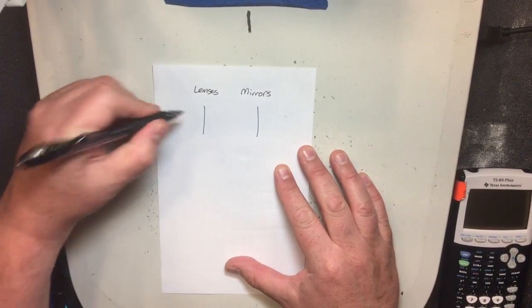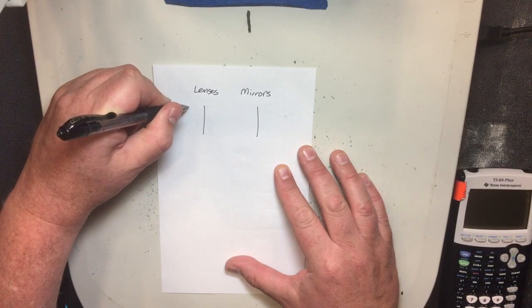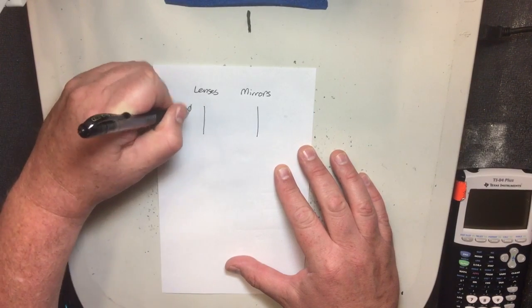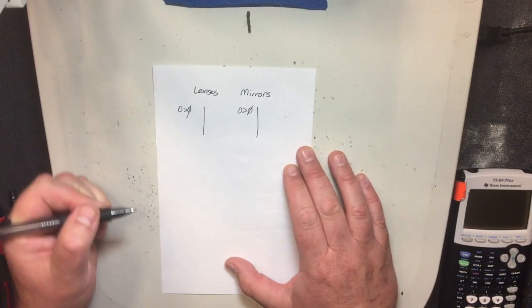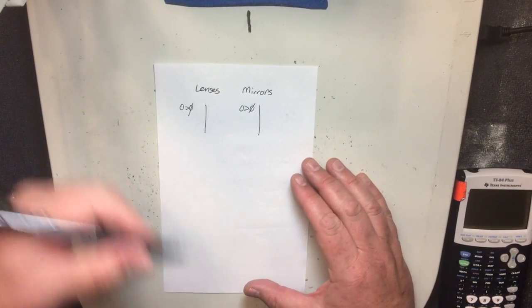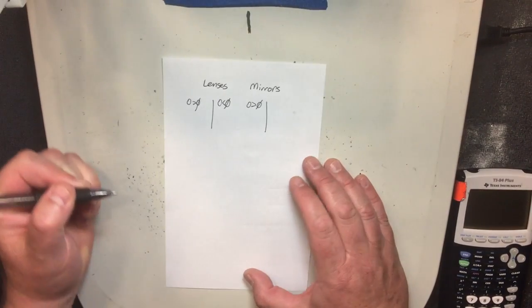in both situations, objects are on the left and their object distance is always greater than 0. But with lenses, if the object is on the right, the object distance is negative.